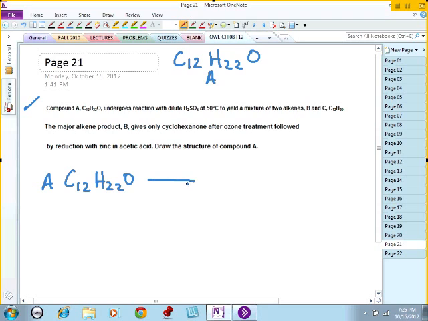And then we say compound A reacts with dilute sulfuric acid, which means that we have water in there, to form compounds B and C. The formula here is C12H20, and the same thing here, C12H20, right? They've already told us compound B and C are alkenes.